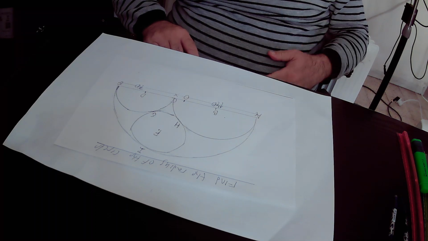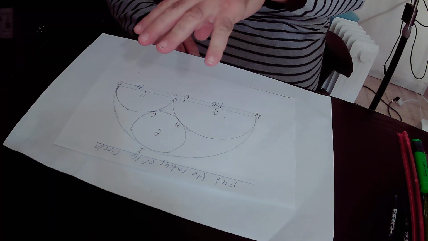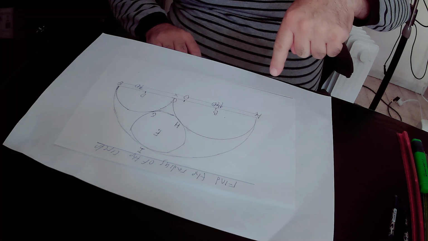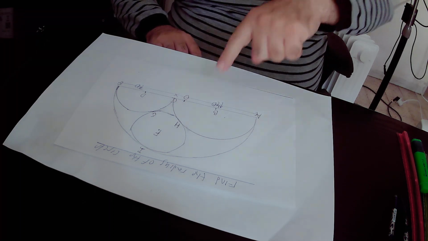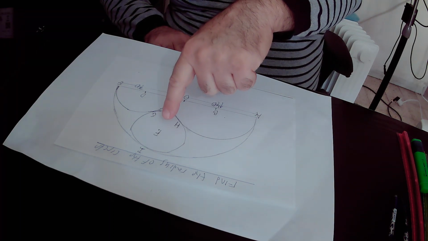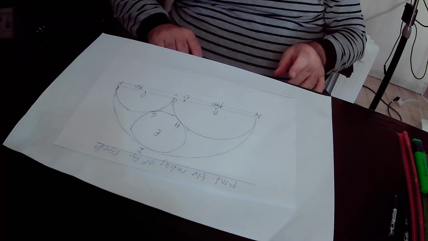And we'll also define the radius of the biggest semicircle as capital R and the radius of this small circle as small r. So I'll write it down.